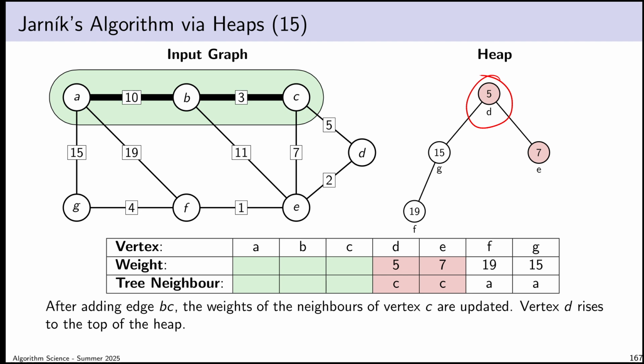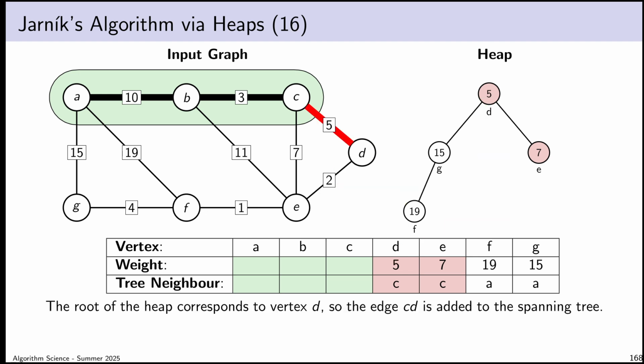There's a lot of machinery behind the scenes here. To maintain all these mappings, I have a lot of different things mapping to each other. The table would map to the heap, and the vertex object would map to both the table and the heap. The heap maps back to the vertex so that I can keep everything up to date. But all of that's constant time, and the heap gives me what I need, which is access to the next vertex very quickly.